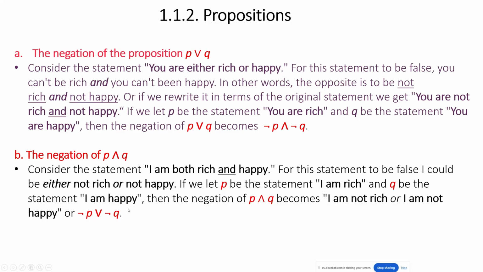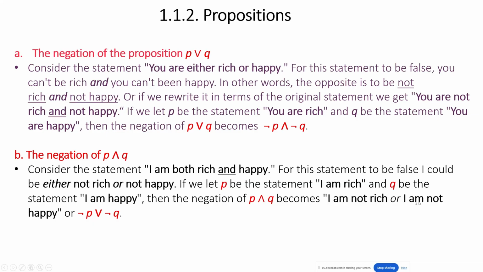I think it's okay, right? These are just some examples in English of how to do this. Let's have a look at one. I am both rich and happy. If I want to negate this, that means I am not rich or I am not happy.